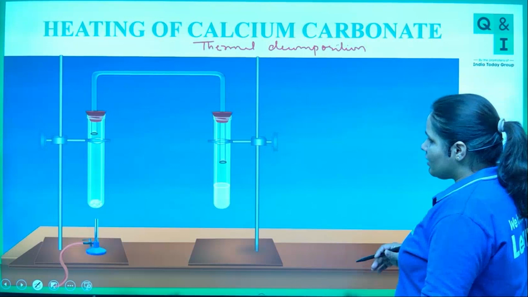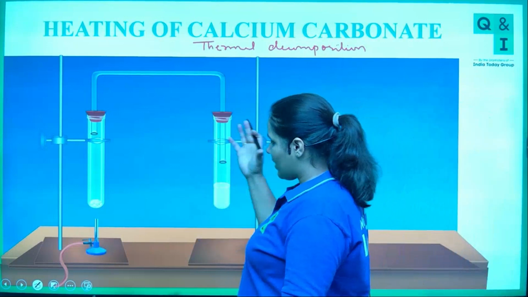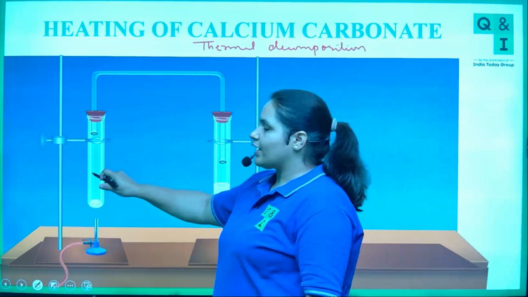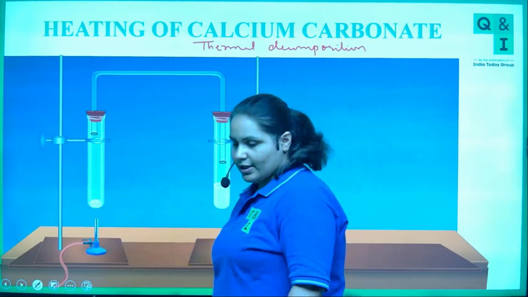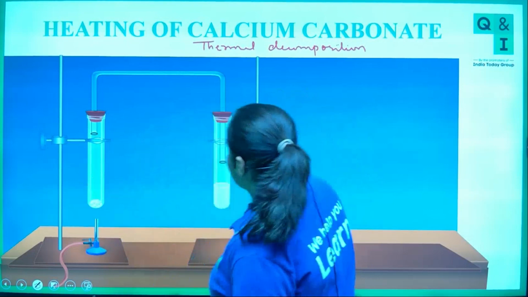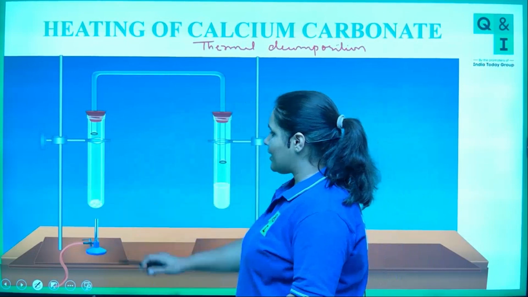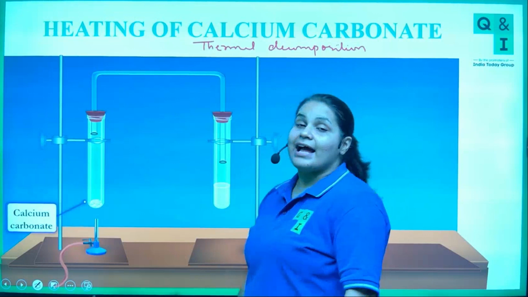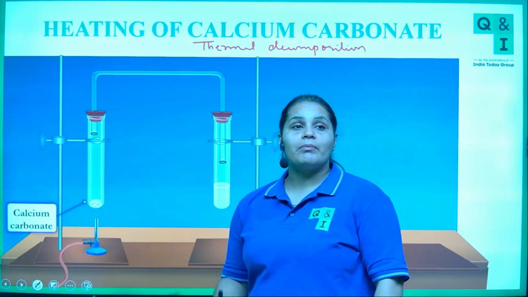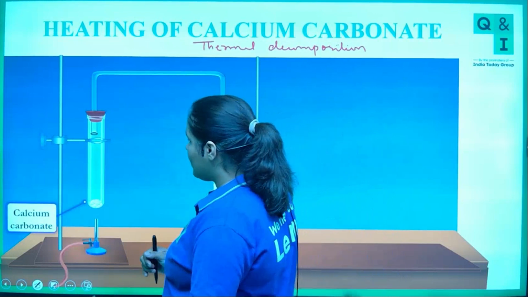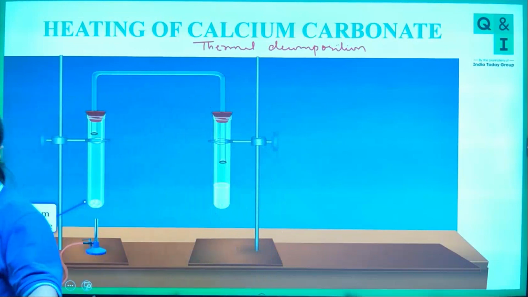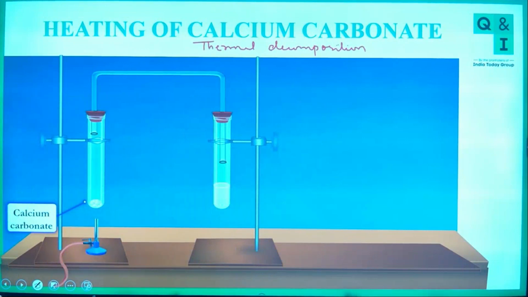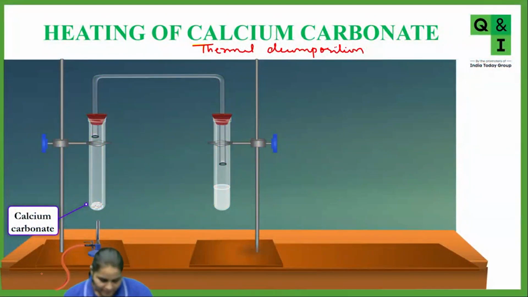Here in this setup, in this activity, we have taken a dry test tube, and in this dry test tube, we have taken calcium carbonate. About the calcium carbonate, I have already explained it, but again I'll tell you.